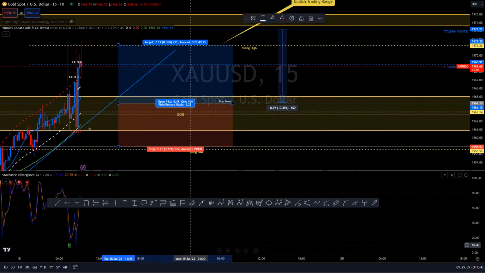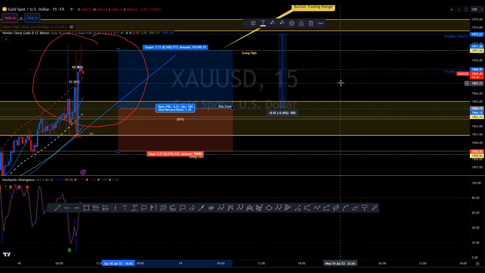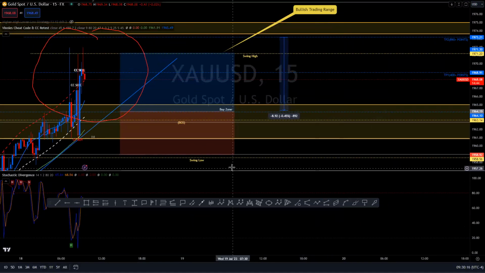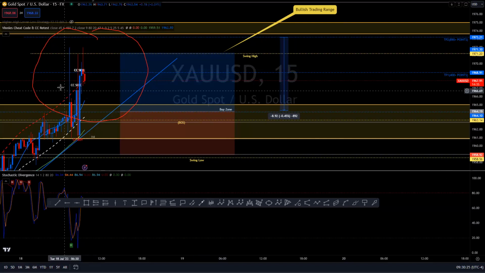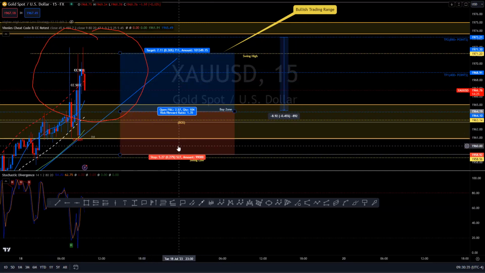Now we're going to strictly focus on price action to see what price ends up doing. So price might reject the structure here, and that's what I'm really looking at.